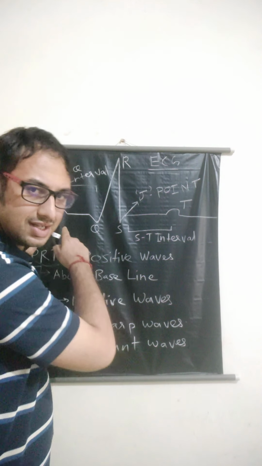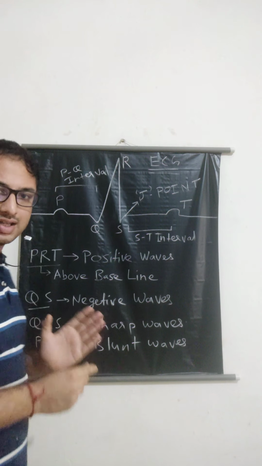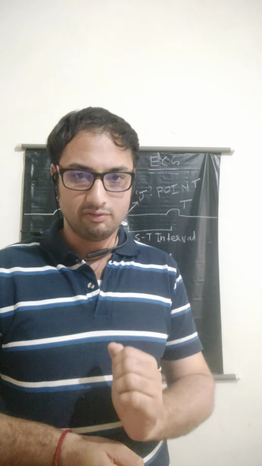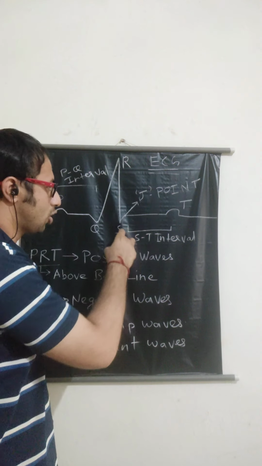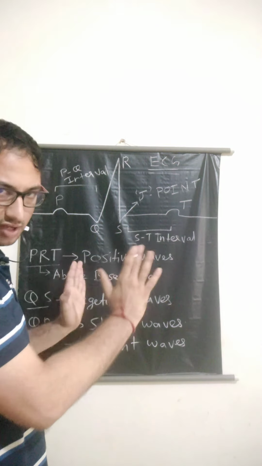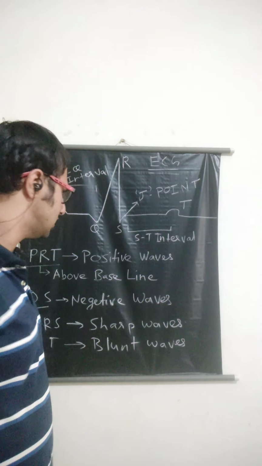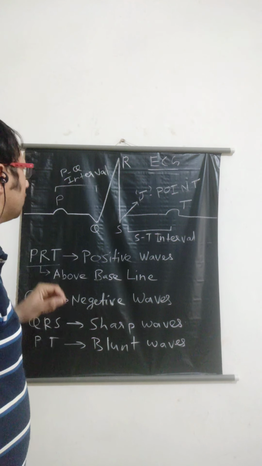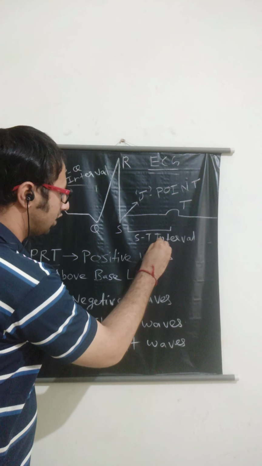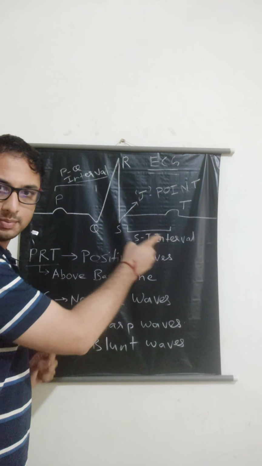Now, this standard ECG consists of how many waves? As you are seeing here, the P wave, QRS complex and T wave. These are the major waves present in one standard ECG. One more thing: what is the meaning of interval or segment? The time span between successive waves in the ECG is called the segment or interval.